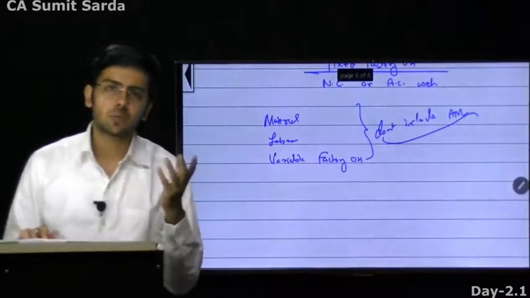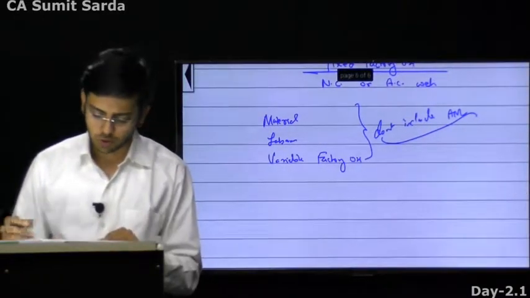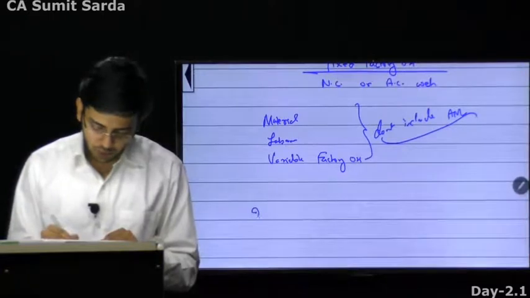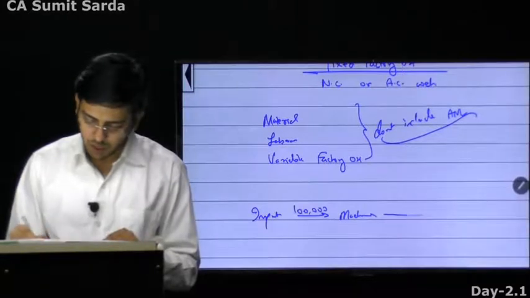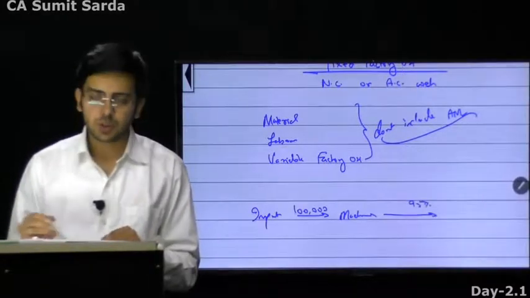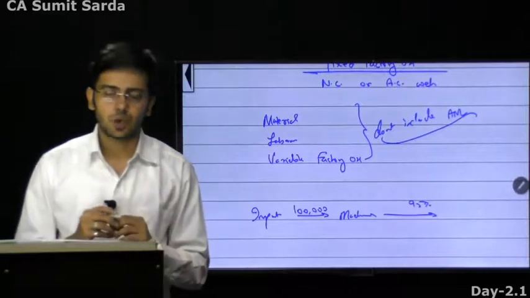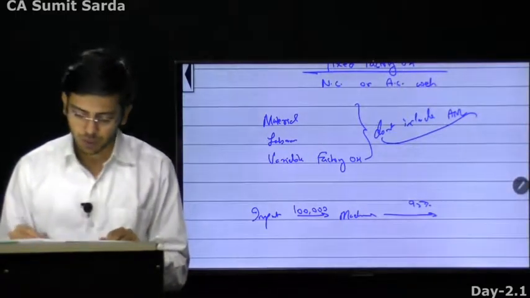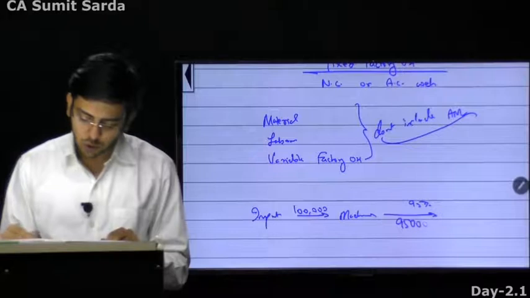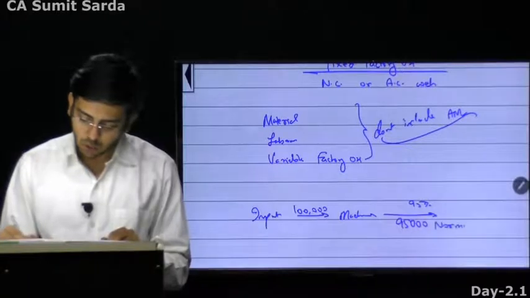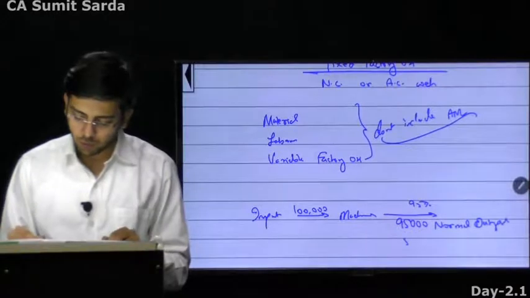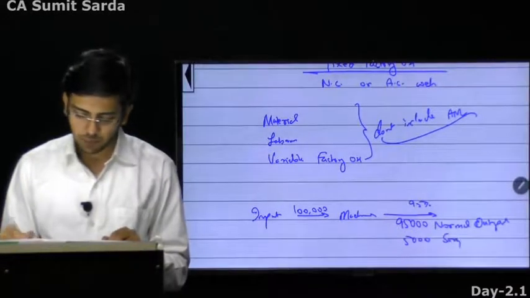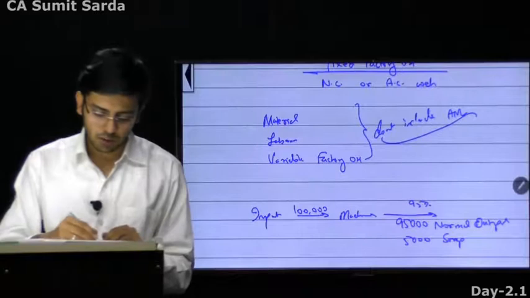There can be various abnormal losses, like if the input in a machine is 1 lakh units and the machine is supposed to give 95% production with 5% wastage. So 95,000 should be the normal output, with 5,000 as scrap or maybe lost in the air, can be anything.